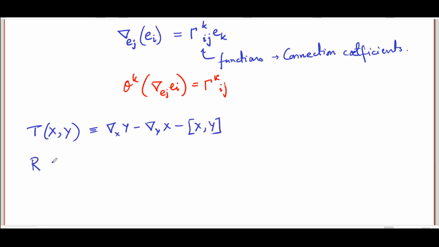And for curvature, we have a tensorial object R which, acting on two smooth vector fields X and Y, does not directly give rise to a vector field, but rather an operator which would act on a vector field to produce another one. So this is basically defined to be ∇_X ∇_Y minus ∇_Y ∇_X minus ∇_[X,Y].